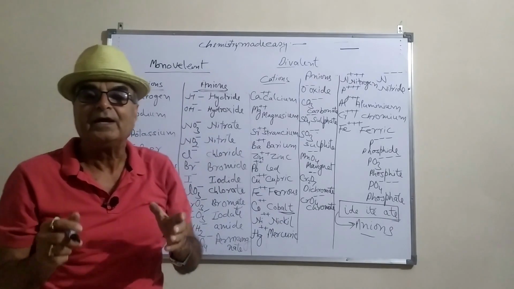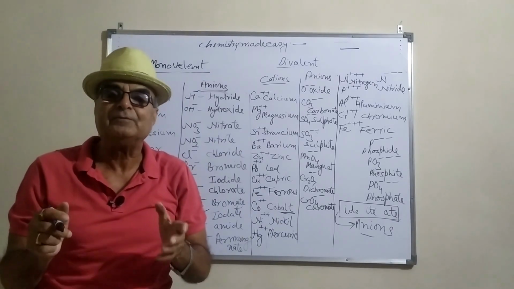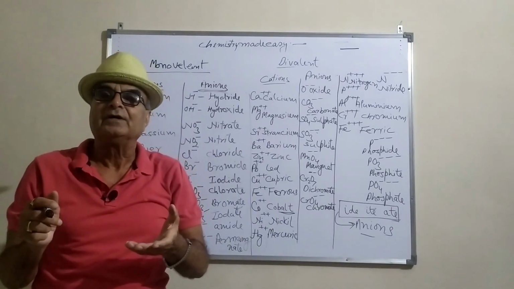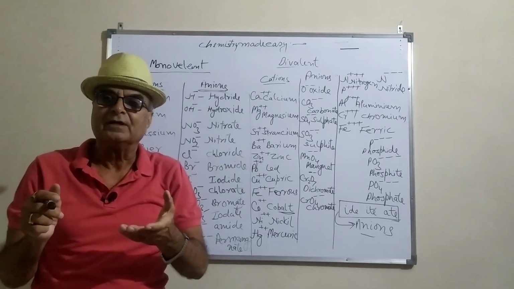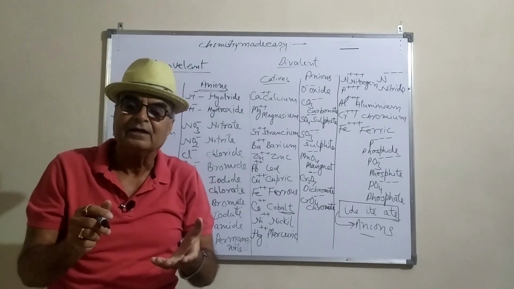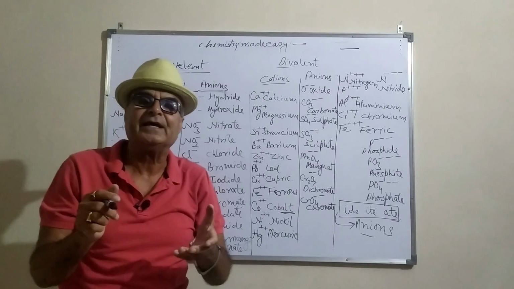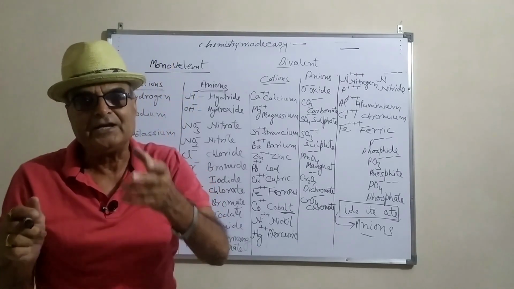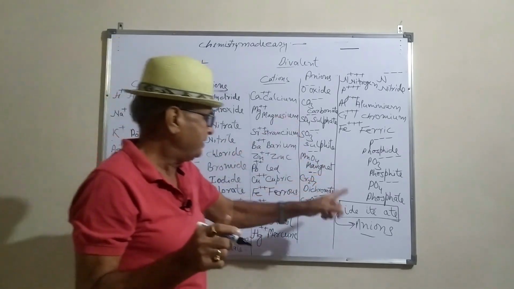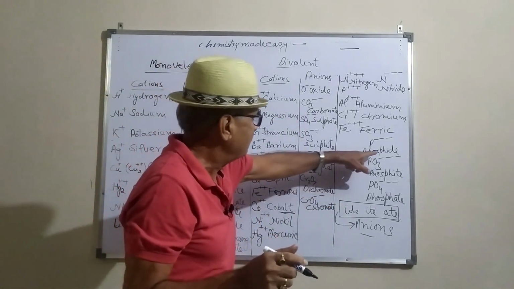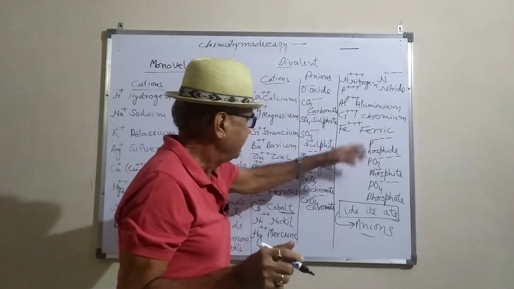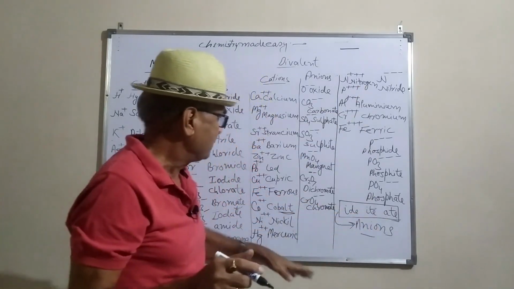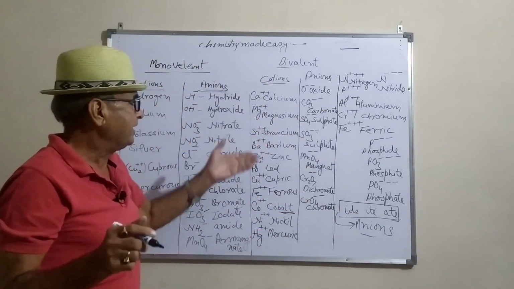So if a single atom of an element forms an anion, the name ends with ide, such as phosphide and nitride. So that's all.